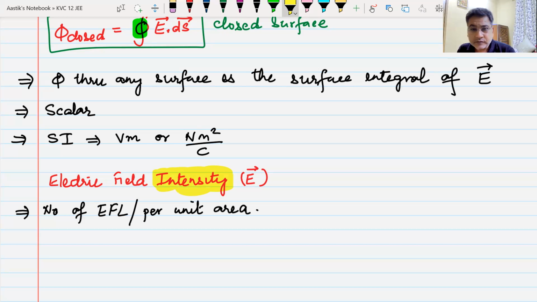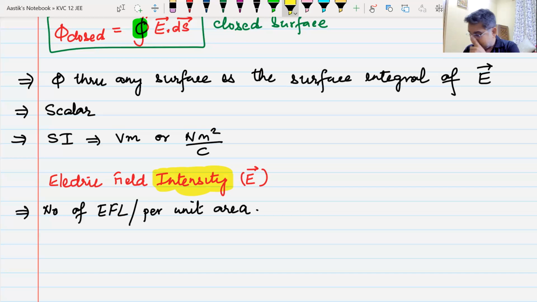In wave optics, intensity was energy falling per unit area per unit time. Do you remember it? Here it is the number of field lines per unit area. Time does not come. So this is the electric field intensity. Your original electric field is the number of electric field lines per unit area. Therefore, it is intensity.